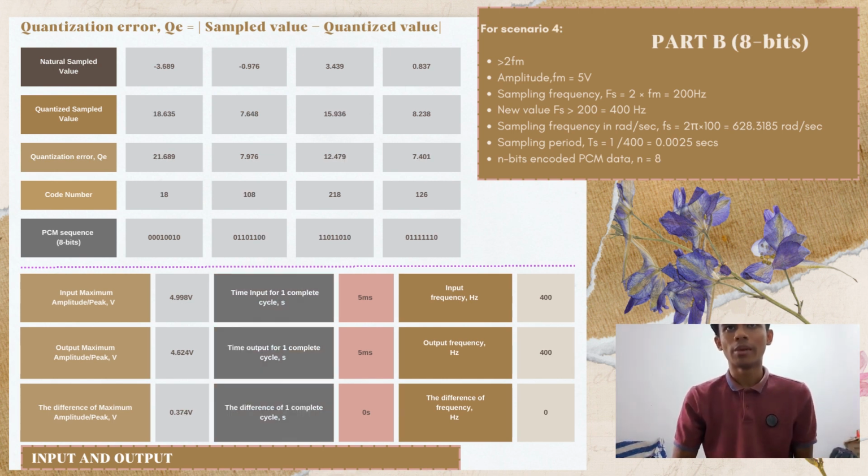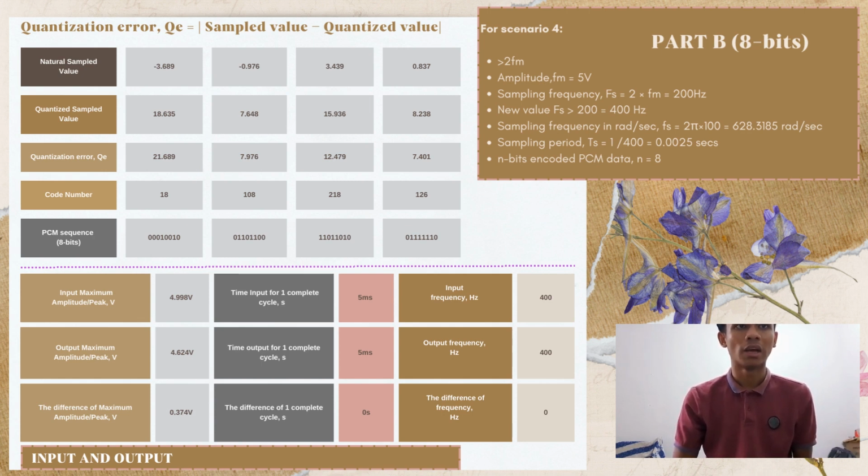For part B 8 bits, scenario 4 is also the same as scenario number 3. This is our quantization error value, which we also have 4. The first one is 21.6x9, number 2 is 7.676, number 3 is 12.479, and lastly 7.401.